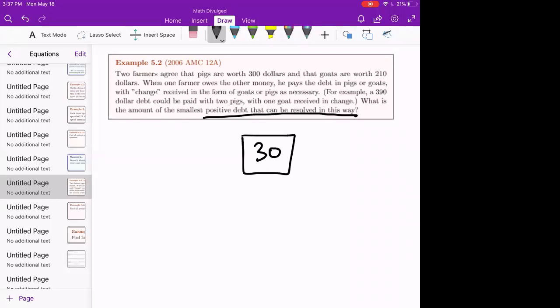And then this is a pretty simple version of a Diophantine equation. Diophantine equations, I'm not sure if I explained it, are basically equations whose solutions are integers and that typically have fewer equations than variables.